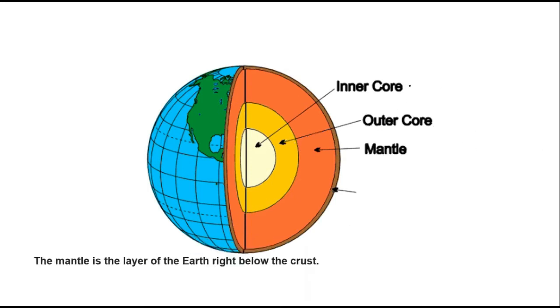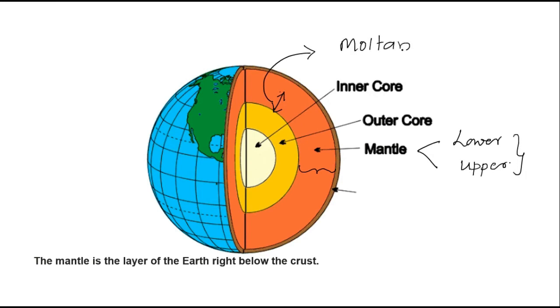Now the next one is the mantle. So this portion is the mantle. Again, the mantle can be divided into lower mantle and upper mantle, just for our reference. Because if you go for the lower mantle, let us say from here to here, the lower mantle is molten.